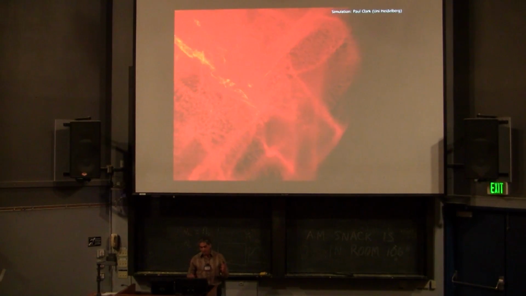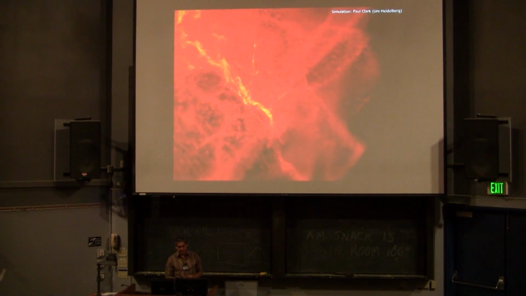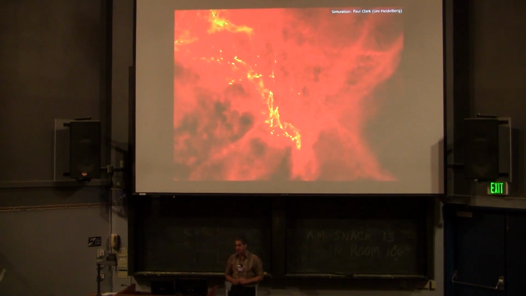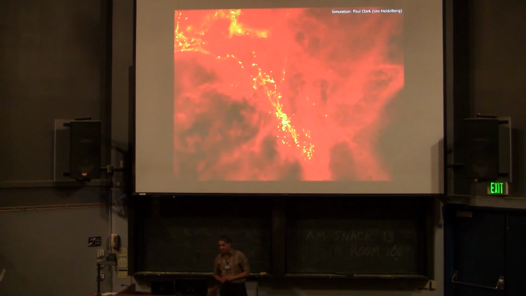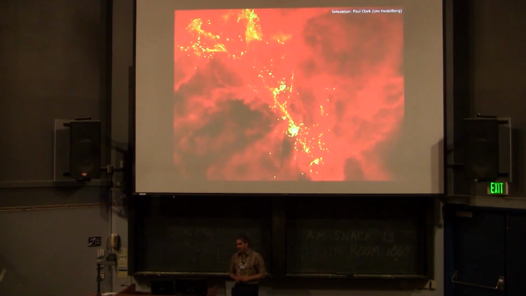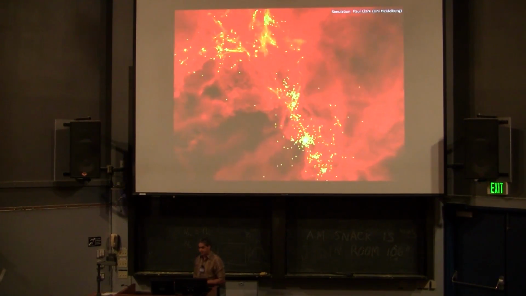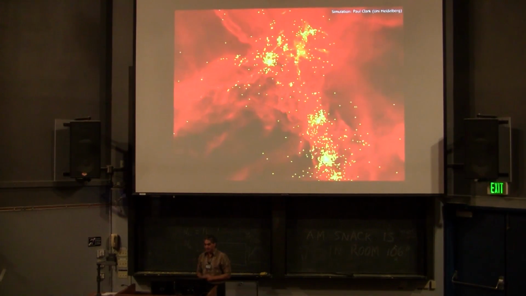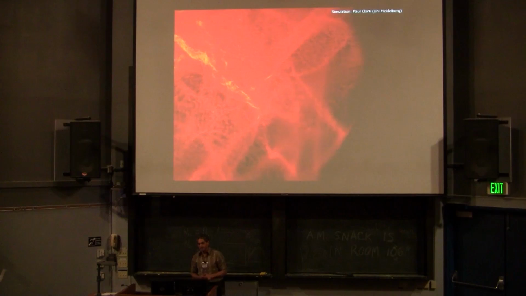Just to give you, maybe you have seen a couple of these types of movies. Here's a movie from Paul Clark of an SPH simulation, where you see the sink particles appearing essentially as protostars, if you like. So this is a cluster of maybe a tenth of a parsec, and it forms a bunch of stars.